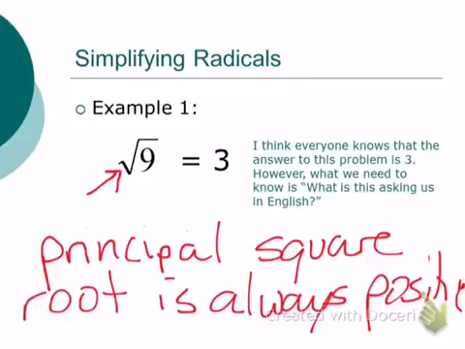The negative square root of 9 is negative 3, but that's a different question, right? We'll ask for that a different way. So keep this in mind. Just like the absolute value of a number, the distance from 0 is positive, the principal square root is always positive. Okay? So we just want 3. 9 has 2 square roots, but this one's only asking for one of them, and it's positive 3.